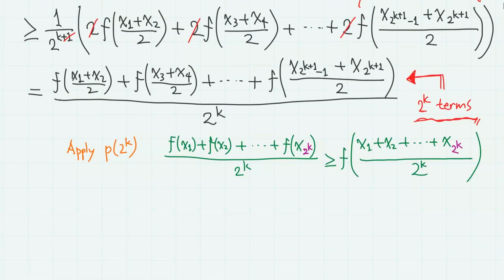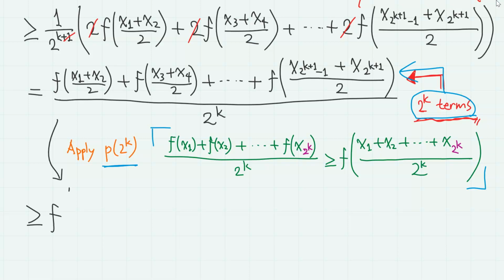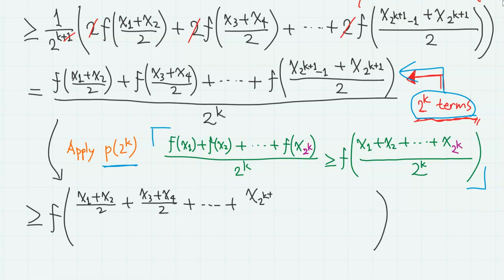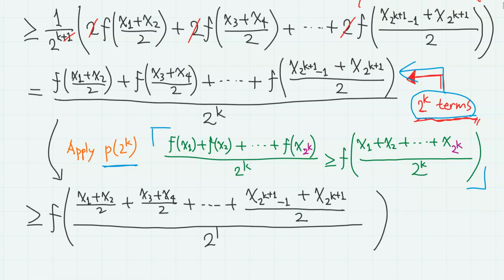Therefore, we can apply our induction hypothesis P(2^k) for these 2^k terms, which gives greater than or equal to f of (x1 + x2)/2 + (x3 + x4)/2 + and so on, until the last one, (x_{2^{k+1}-1} + x_{2^{k+1}})/2, all over 2^k.